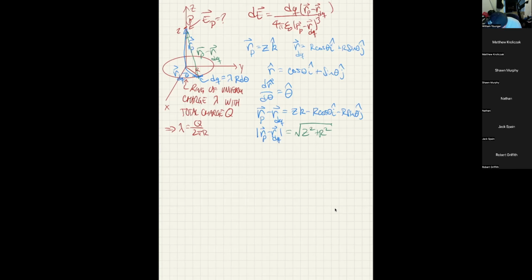So now I can say E is equal to, actually, I don't want to say that. I want to go back to my blue. I can say E is equal to the integral of dE, which equals, I'm going to have a lambda up there, which is constant, so I'm going to pull that out in front. The 4 pi epsilon naught, I'm going to pull out in front. And I'm going to say integral of, now what I've got left in my dq is just R d theta.